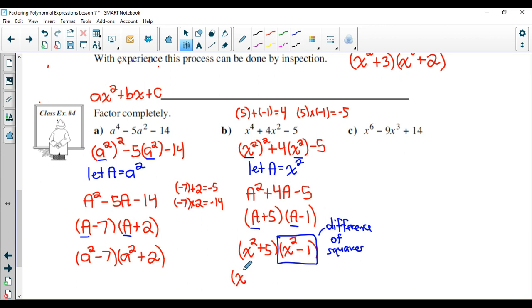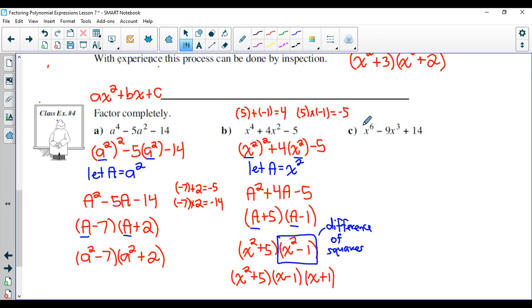This would then turn into x squared plus 5. And then to factor the difference of squares, x squared minus 1, you take the square root of the first term, that's going to be the first value in the brackets. And the square root of the second term is going to be the second value in the brackets. We'd have x minus 1, and we'd have x plus 1.